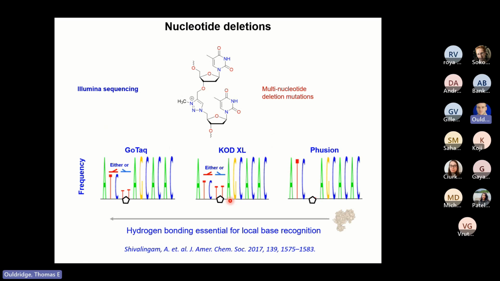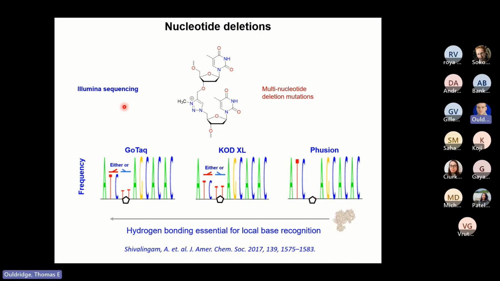And up until now, everything had worked really well. But at this point, we were actually quite happy that simple methylation of this nitrogen in the backbone really messed up the DNA polymerase. So these are 3 different thermostable DNA polymerases, and this is the sequencing results around the triazole.